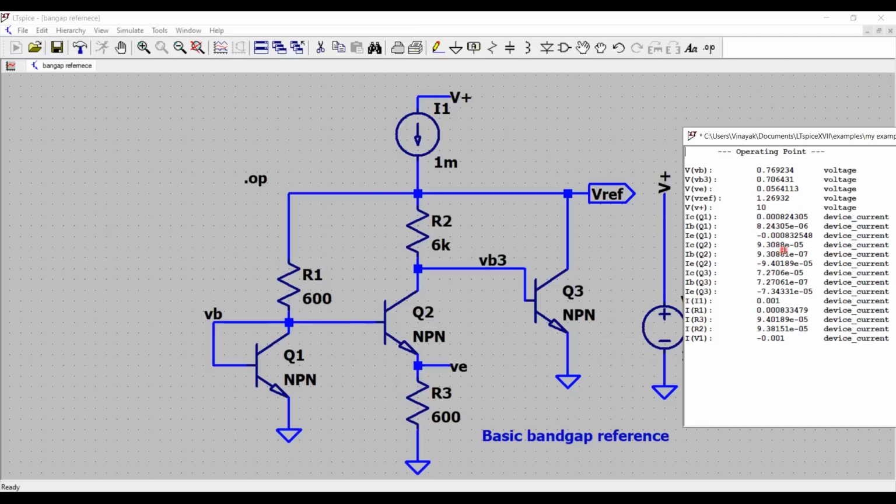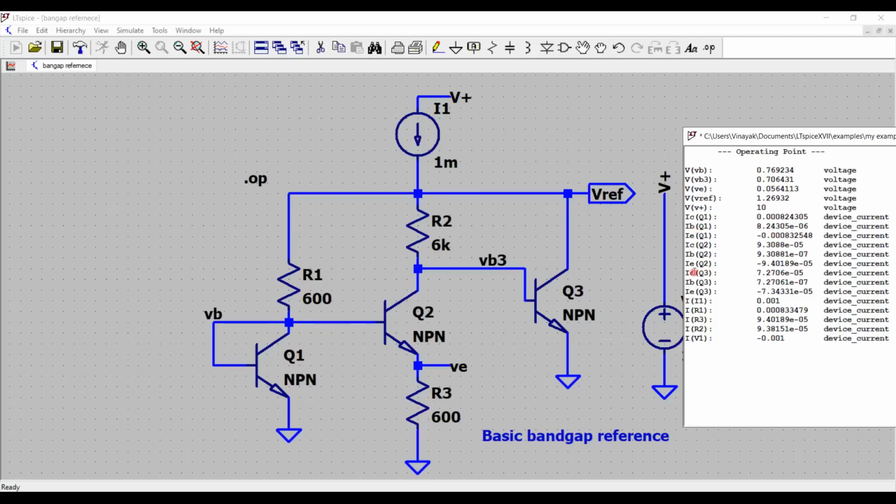So remember, this is 93 microampere and this is about 820 micro, so it's about more or less 9 to 10 times larger. Then the collector current of transistor Q3 is pretty small, about 72 microampere. So your 1000 microampere current is being divided into three parts. The major current is being taken up by transistor Q1, which is about 824 microamperes.